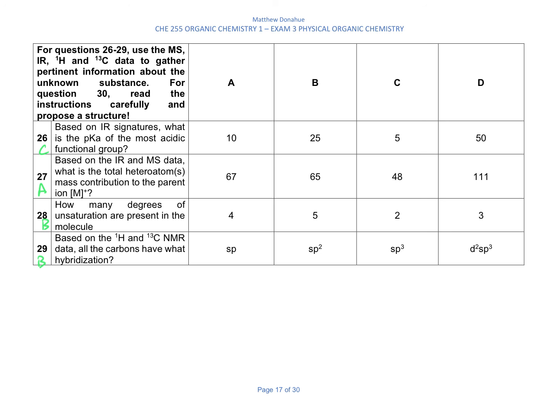Based on the IR signatures, we know it's an acid, so the pKa is 5. What is the total heteroatom contribution? Again, we had 32 plus 35, which is going to give us 67.